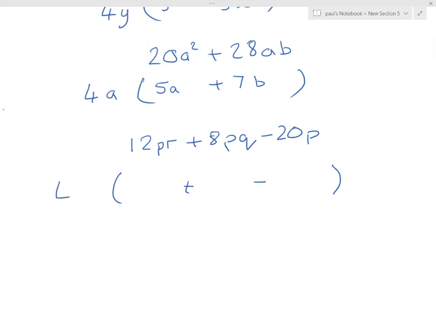Yeah, a 4. We've got a P in everything, so we put a P there. We've got an R and a Q, so we can't do that. So 3 4's are 12. We don't need a P, we've got 1, so we just need an R. That's a plus, not a T. 4 2's are 8. We don't need a P, but we need a Q. And 5 4's are 20. We don't need a P, so that's just the 5.